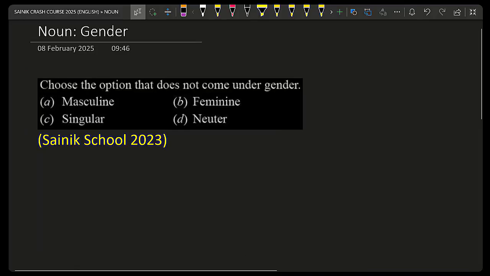I received one response each for A, B, and D, but for C, I received 17 responses. Masculine gender, yes, it is a type of gender. Feminine gender is also there, and option D, neuter gender, is also there. But there is nothing like singular gender. So answer C is the incorrect one, which does not come under gender.